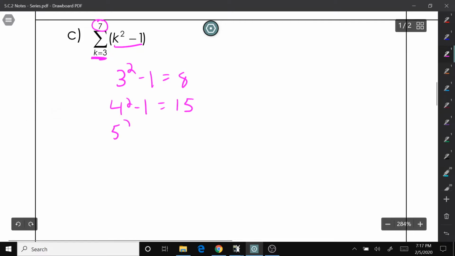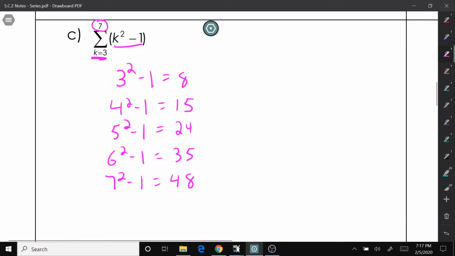We have 5 squared minus 1, which is 24. We have 6 squared minus 1, which is 35. And then we have 7 squared minus 1, which is 48. So then we're going to add these up. You add 8, 15, 24, 35, and 48. And when you add all of those up, you should get 130.